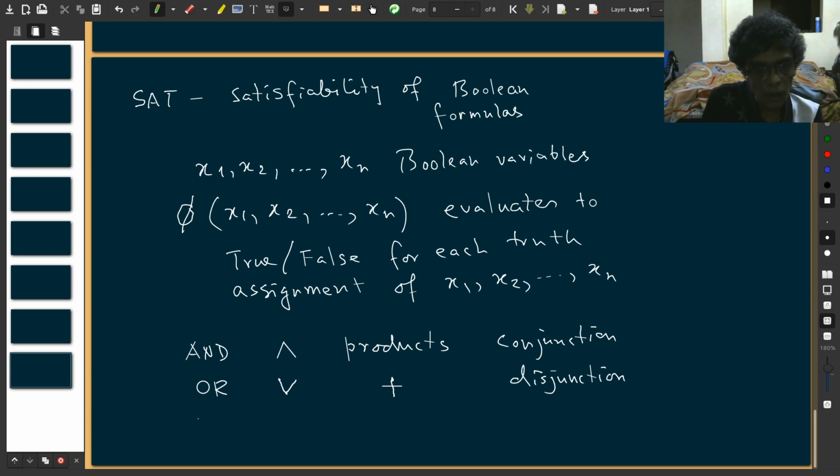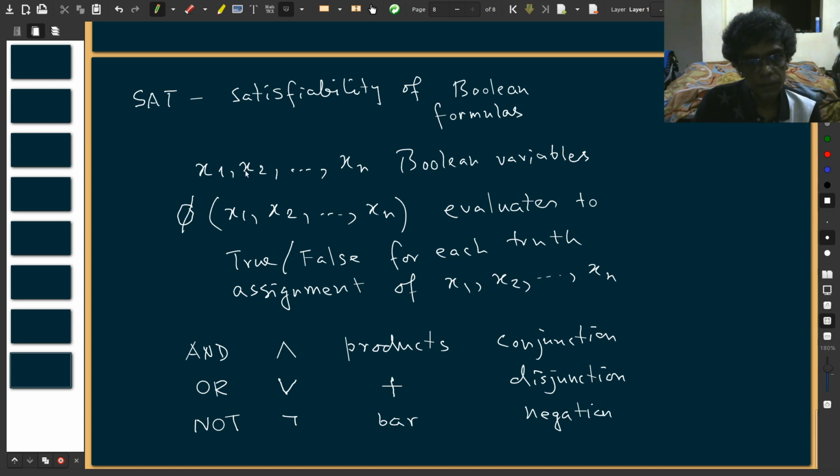And not. This is often written like not, or even by a bar or dash and prime, something like that. This is negation. You all know. Okay. And so you are already, I would say, familiar with Boolean formulas.